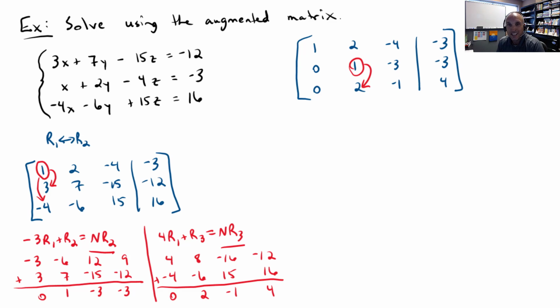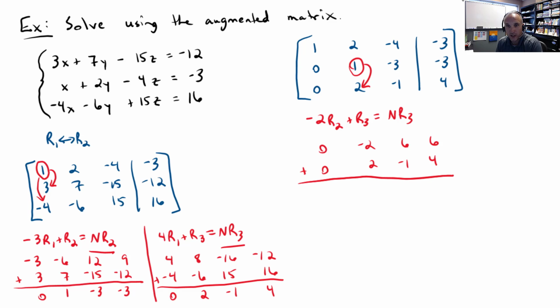So I need to turn this 1 into a -2 to eliminate this +2. So I'll do -2 times row 2 and add that to row 3 to give me a new row 3. I don't want to change row 2, I want to change row 3. So I've done the -2 times row 2. I've copied row 3. Now we'll add those together to get our new row 3.